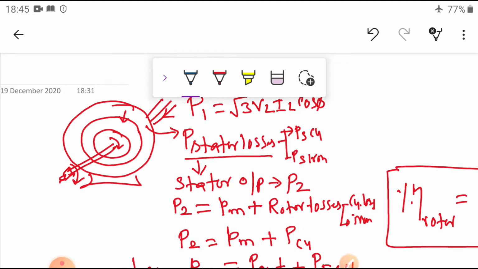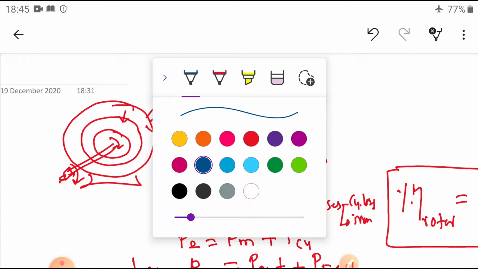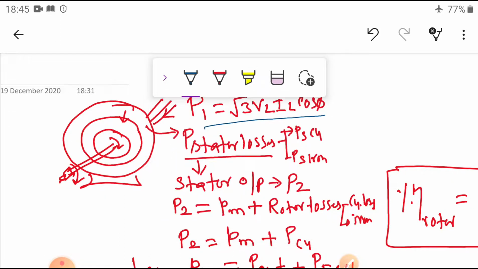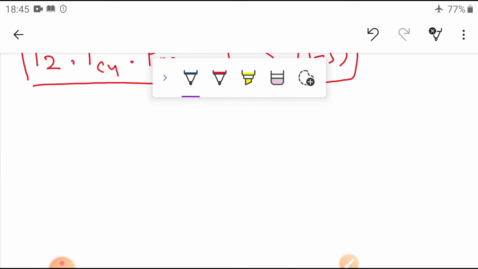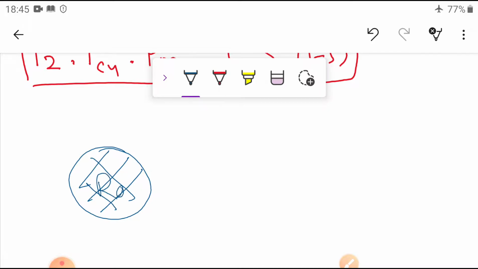If the stator losses are known, then this is the rotor input. The rotor input is P2, and the rotor output is P out.